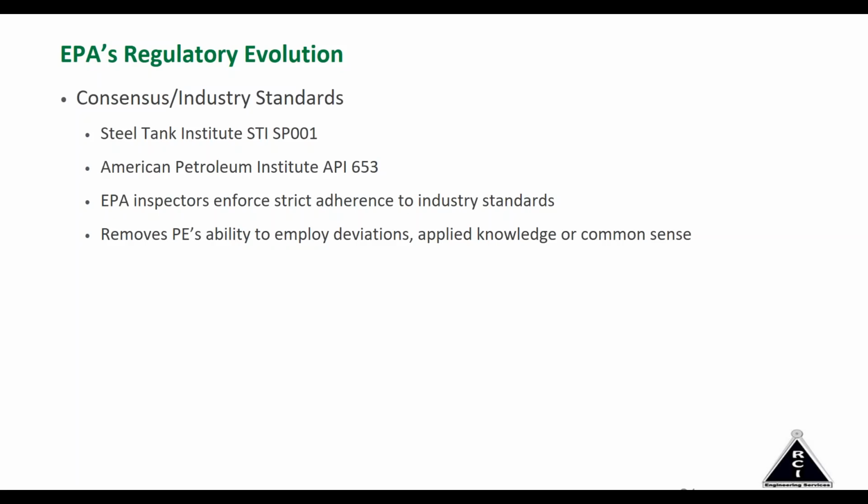The American Petroleum Standard API 653 is geared more towards very large field erected tanks, ones that you see at like terminals that maybe are millions of gallons in size, and they're constructed on site.